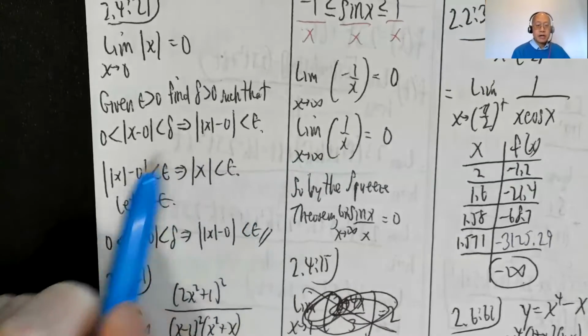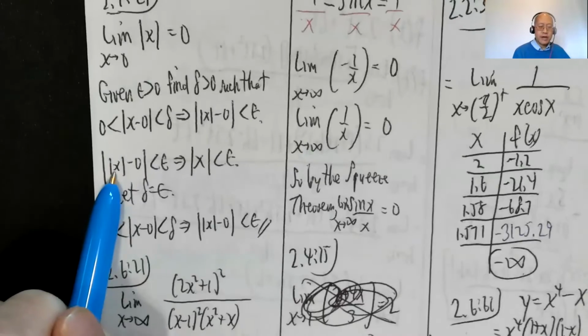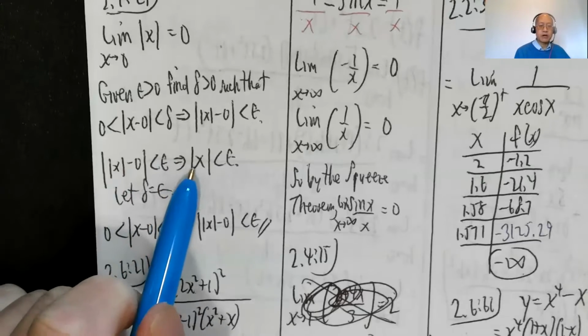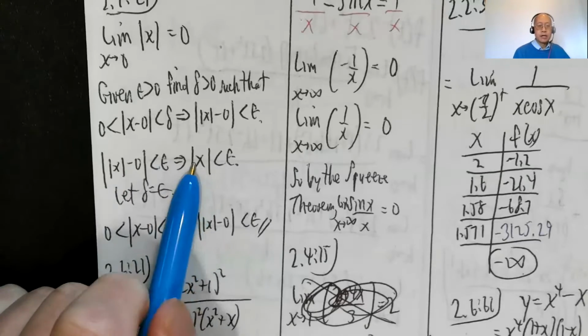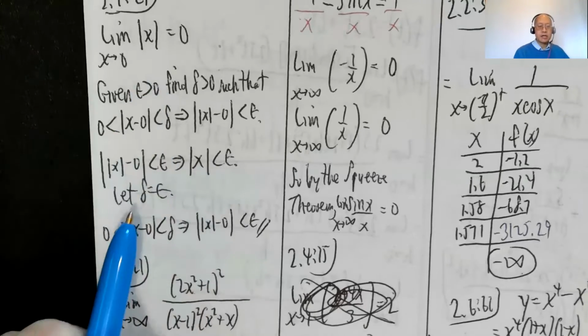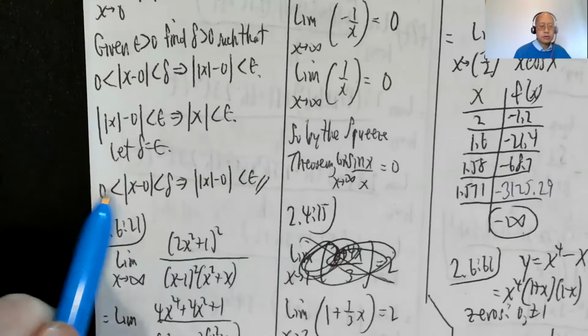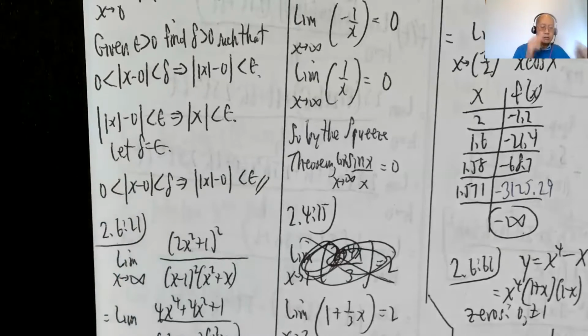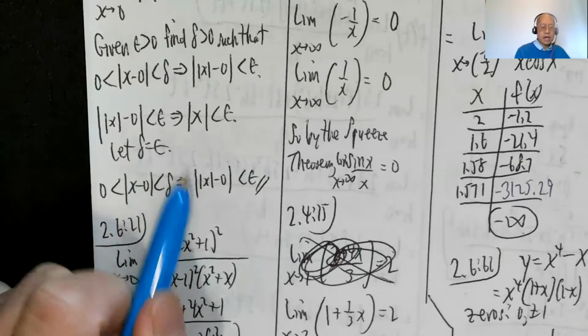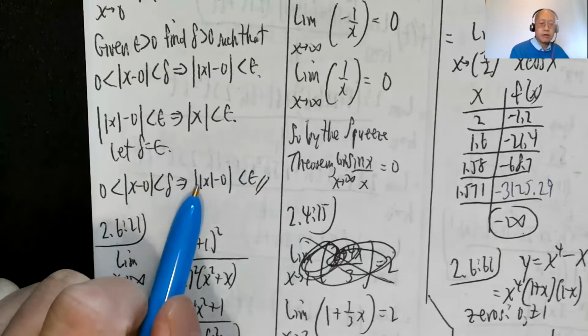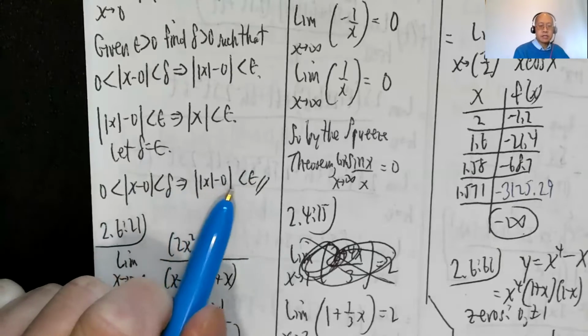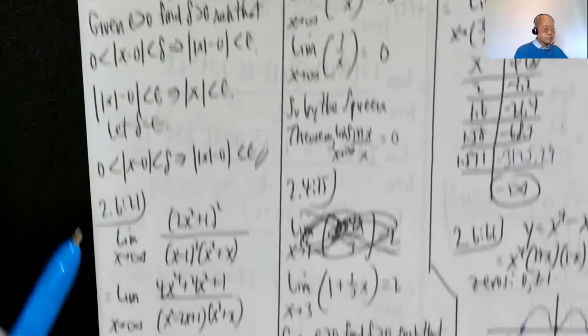Okay, but absolute value of x, we said, is the same thing as absolute value of x is less than epsilon, and that already matches this side, so let delta equal epsilon. So 0 less than absolute value of x minus 0 less than delta implies absolute value of x minus 0 is less than epsilon. So that's it.